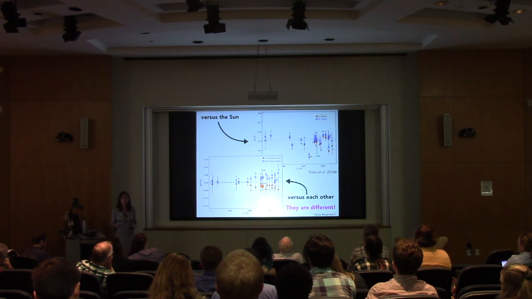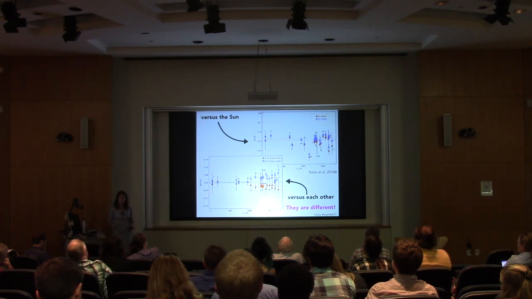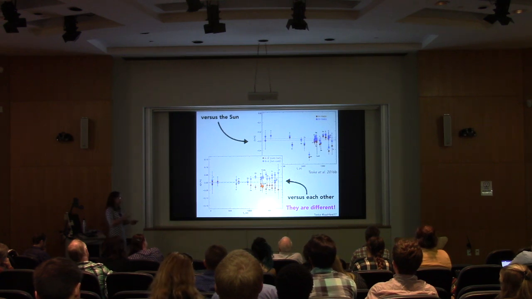And so that's like a typical error on abundance measurements, if not higher. This is really only possible by doing this strictly differential analysis, just comparing one star to the other versus one star, say, to the sun, which might have a slightly different temperature or composition.